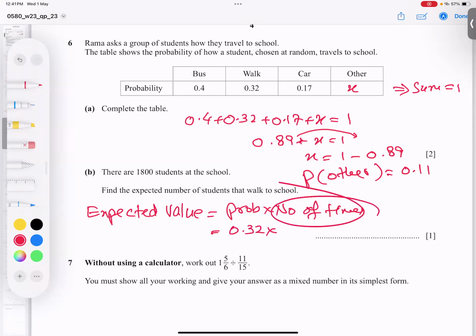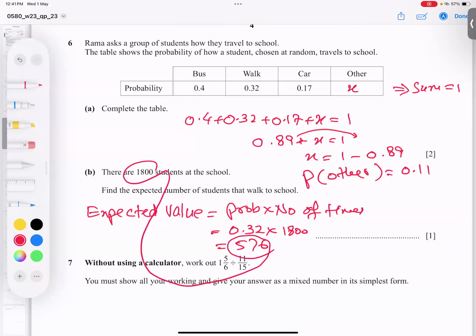The number of times we are trying is 1800. If you just multiply 0.32 by 1800, you get 576. It means out of 1800 students, 576 times a person will go by walk. Clear?